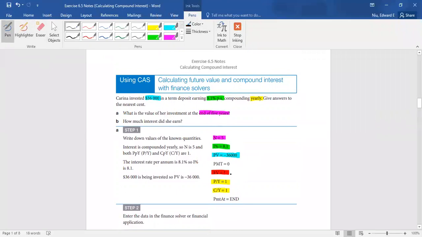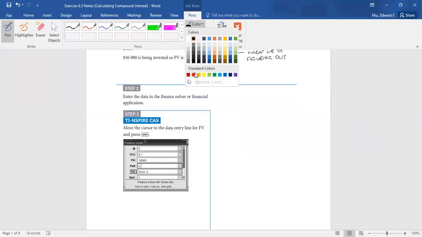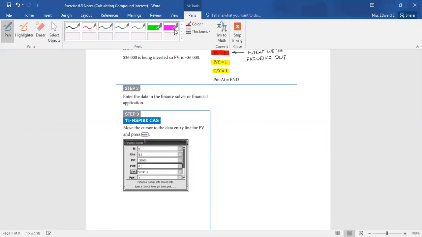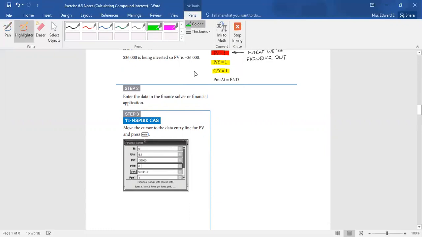So this is what we're figuring out, and so you got to go all the way down to that row in the financial solver and press enter.